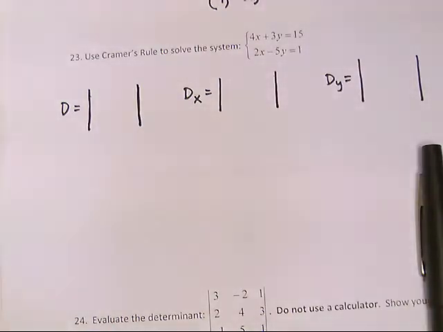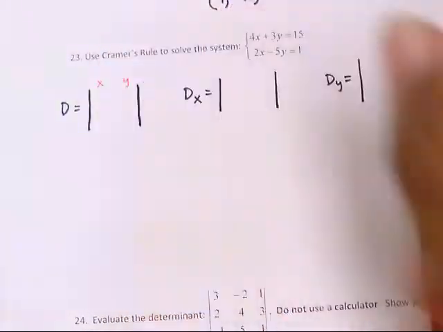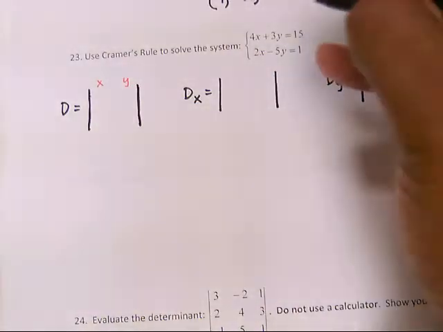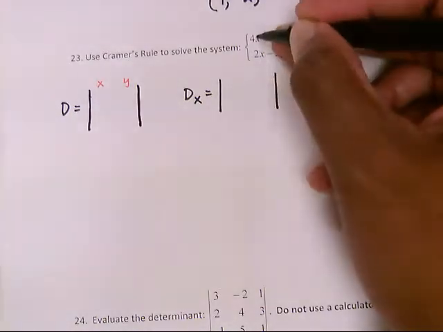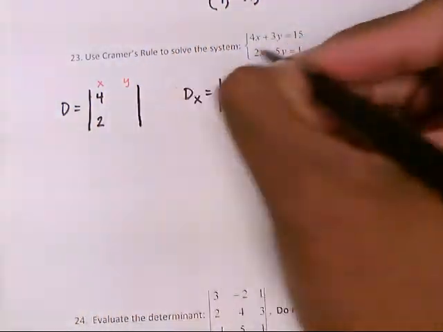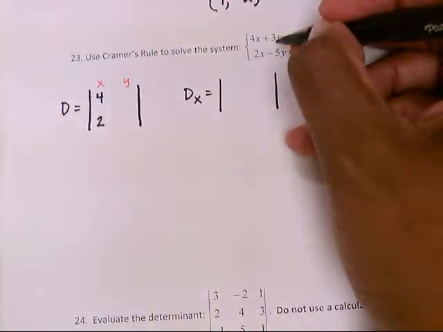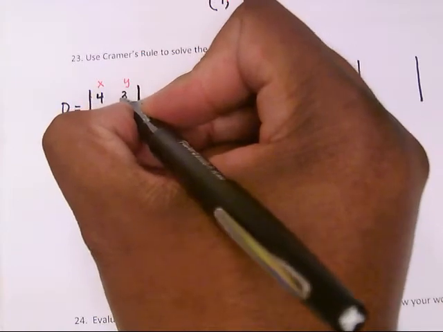Now, in the D, you're always going to have your x and the y coefficients. In this case, your x coefficients are here, 4 and 2. And we have to put those in the order that they appear. Your y coefficients are here, 3, negative 5.